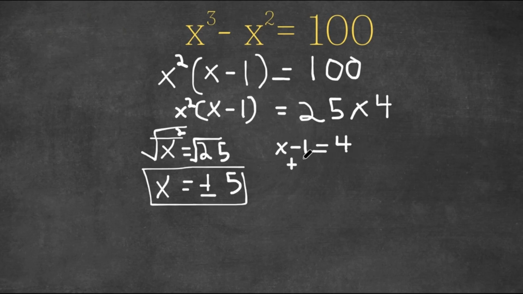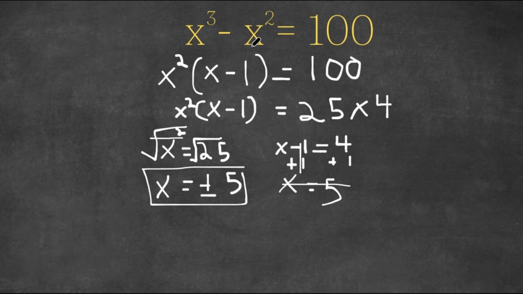Well, we would add 1 on both sides, and if we do that, we get x, these two cancel out, equals 4 plus 1 is 5. However, as you can see, 5 is already one of our solutions. So this is just unnecessary. We already have this as a solution. So we have x equals 5 and negative 5.